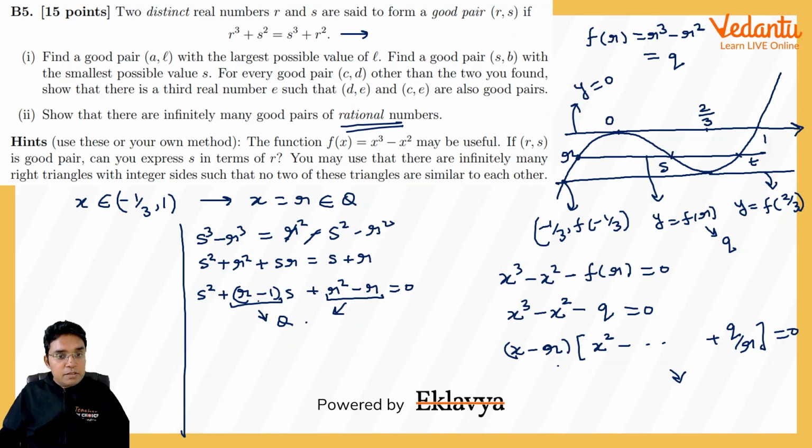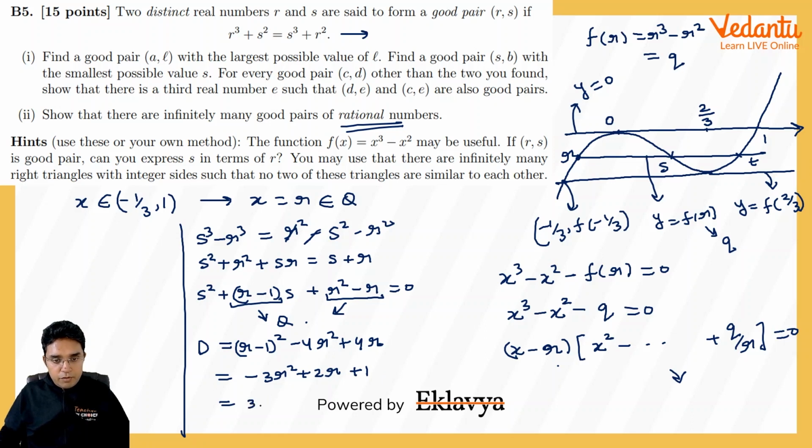So that means to get a rational root of this quadratic, we just need to make sure that the discriminant of this is a perfect square, which is (r minus 1) square minus 4r square plus 4r. So this becomes minus 3r square plus 2r plus 1. You can see we can do the factorization of this easily.